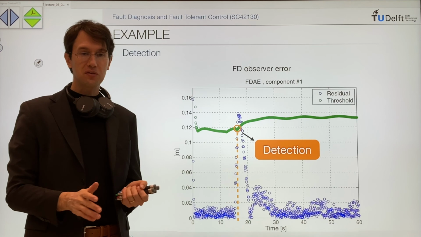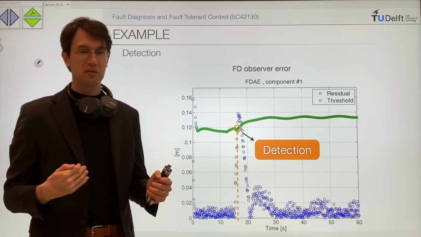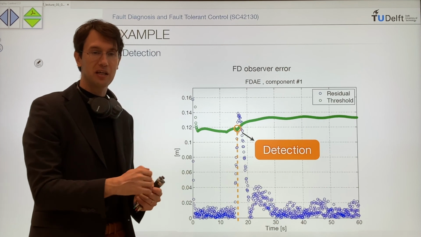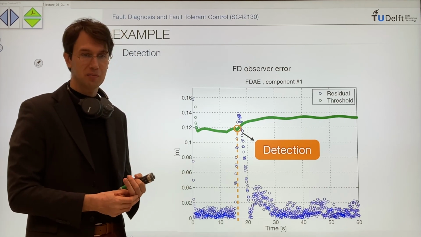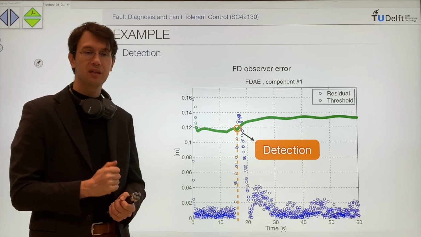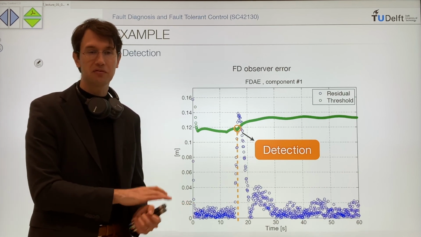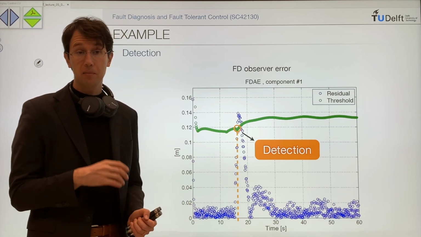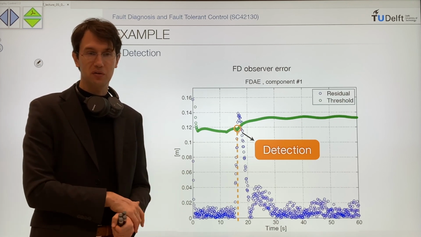Then, if the fault stays pretty much constant, the observer will start tracking also the faulty behavior. So this is quite a downside of the approach. Basically, the fault, if it is slow, will not be detected, will be filtered out by the observer. But if the fault is fast enough, it will go through.